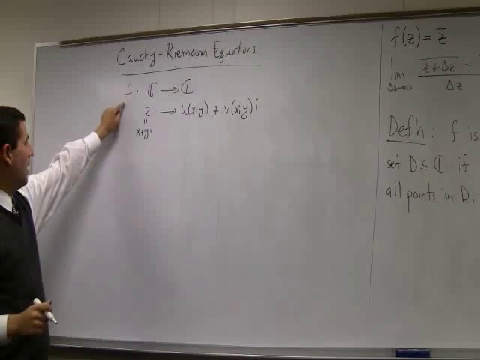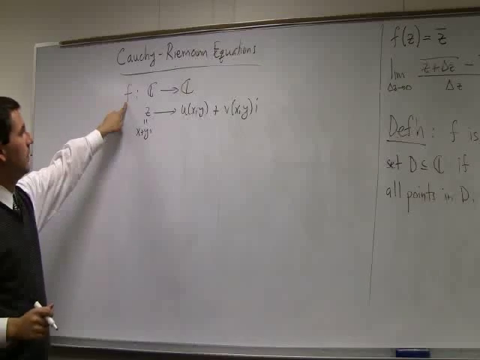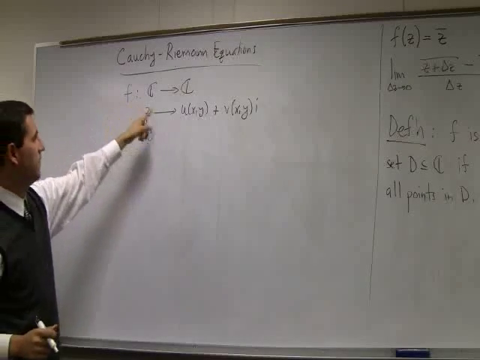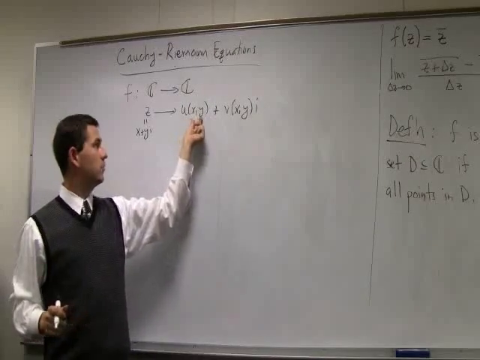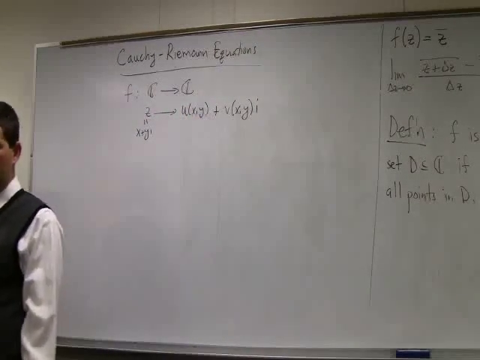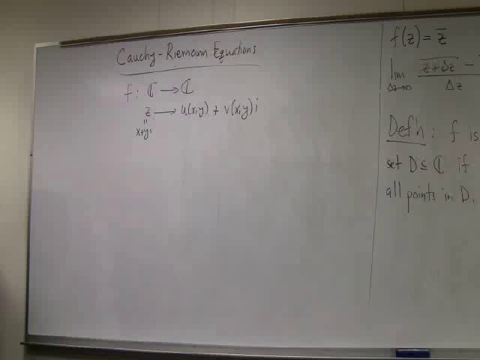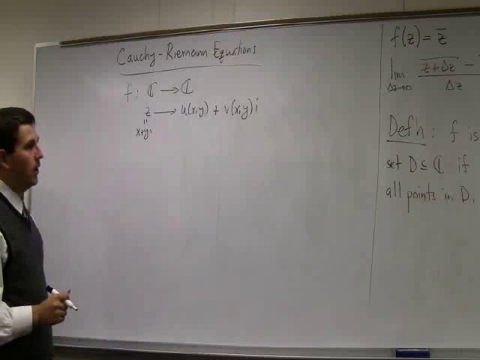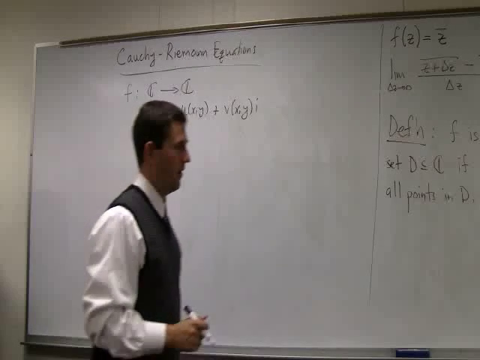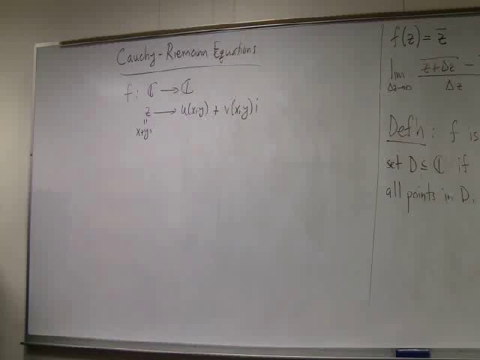So a way of writing this function f is to view it as really two functions, u and v, which are functions of two real variables. Let's go back and try to rewrite the definition of the derivative with the u's and the v's instead of just with the f.